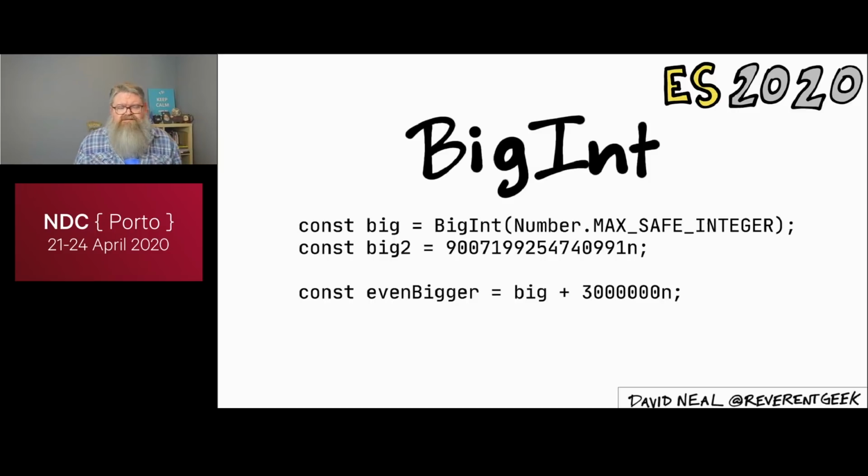And so big int is now a native feature of the JavaScript language that allows us to deal with bigger integers, any really arbitrarily large integer. There's two ways to declare big ints. You can use the big int constructor, or you can use the letter N on the end of a number to signal to the JavaScript compiler or engine that this number is a big int value.